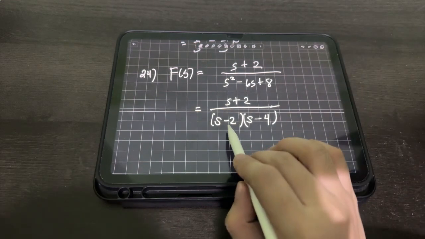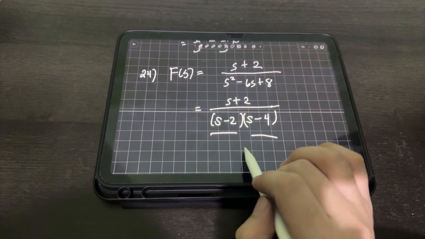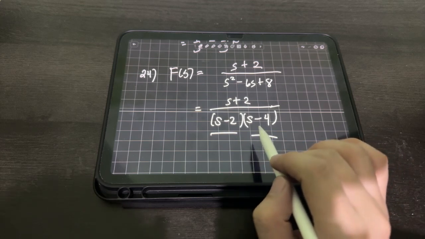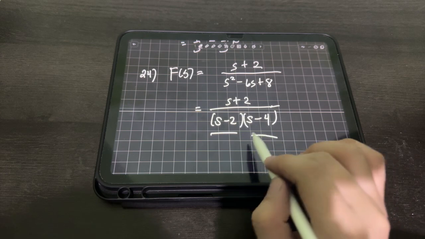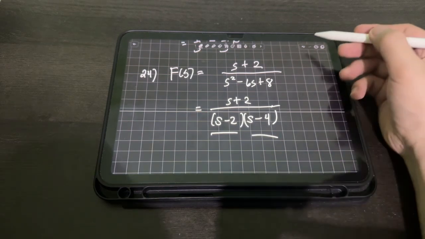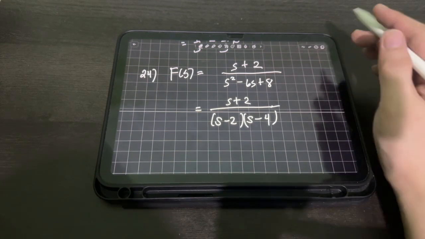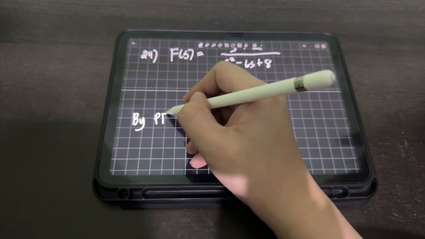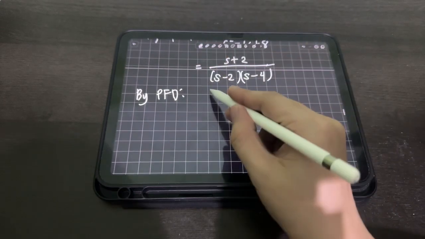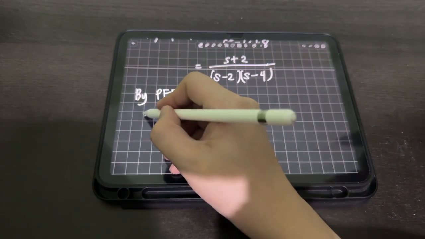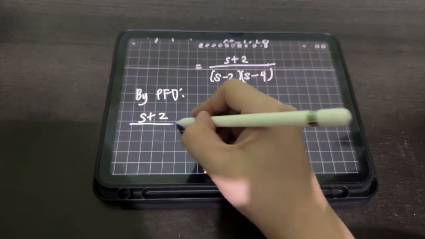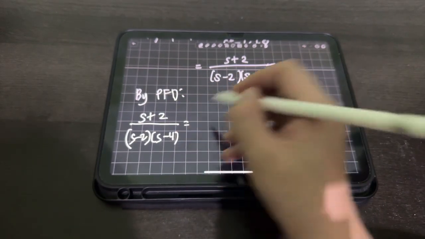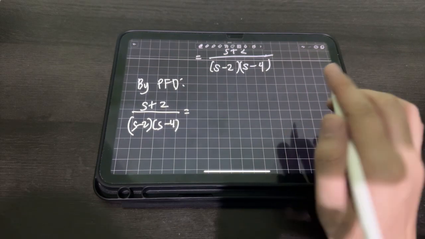Notice that we also have two factors. Again, when we have at least two linear factors or a combination of linear or quadratic factors, at least two in the denominator, we can apply partial fraction decomposition. So by partial fraction decomposition, which is still case 1, non-repeating linear factors, s plus 2 over s minus 2 times s minus 4 can be decomposed as a sum of partial fractions.